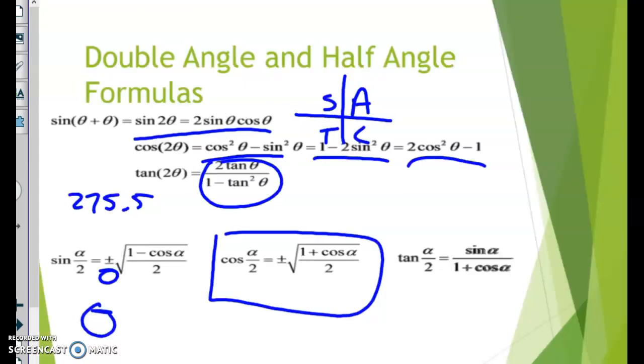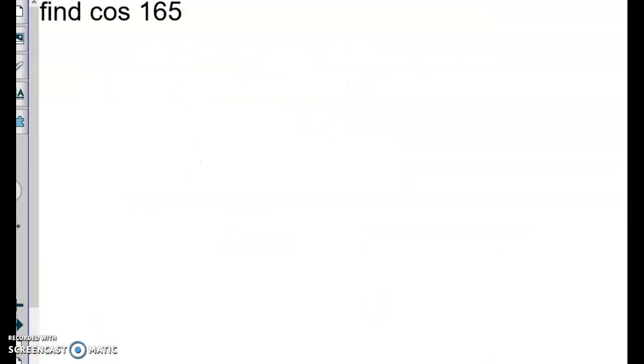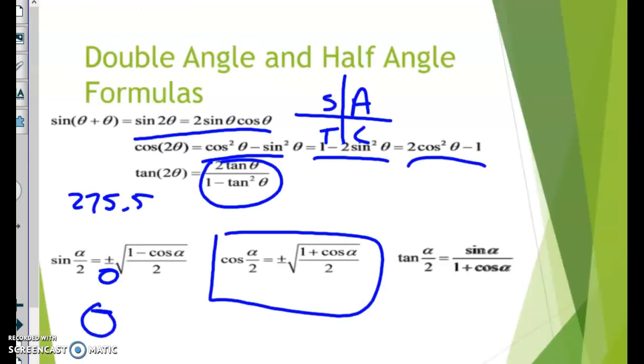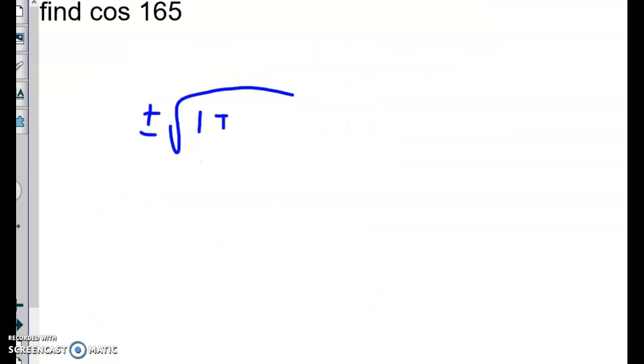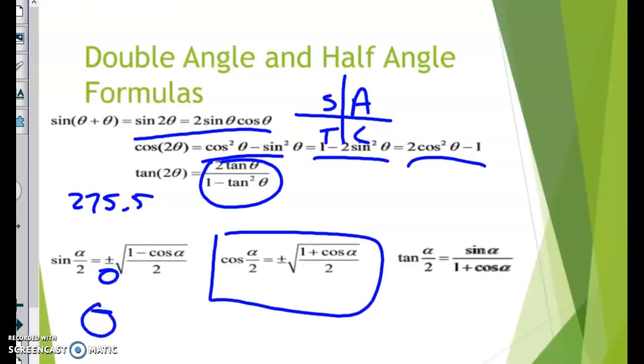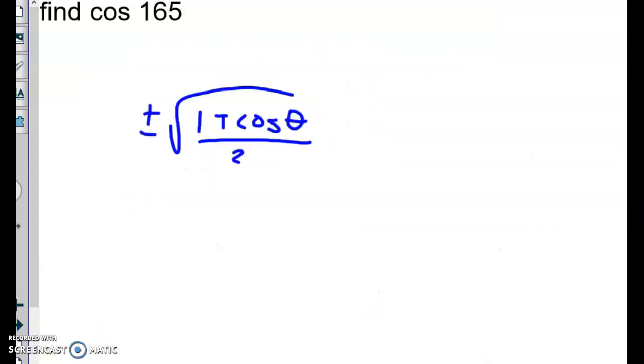And the half angle formula says plus or minus the square root of 1 plus the cosine of theta all over 2. Alright, and to get 165, I'm going to use 330 divided by 2, which is 165. And so I'm going to use cosine of 330 there.